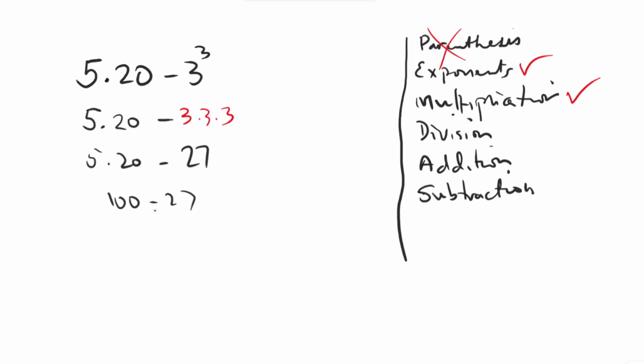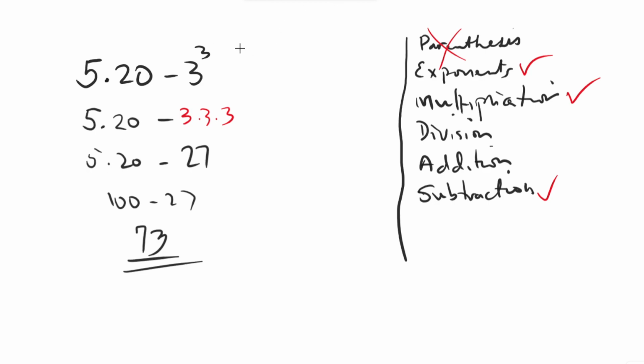So now we get the last one. The last one is subtraction. And this is 100 minus 27. This is equal to 73. All right. And this is equal to 73.